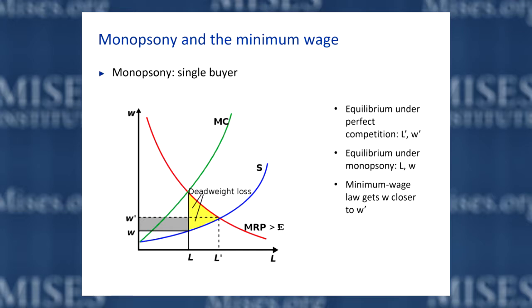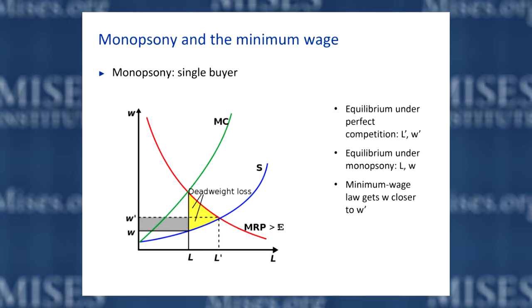Whereas under competition, according to this argument, the equilibrium wage would be W prime, and the equilibrium quantity would be capital L prime. Under monopsony, the monopsonist chooses a lower quantity of labor, this capital L, and then chooses the lowest possible price that will still allow the monopsonist to hire the required quantity of labor.